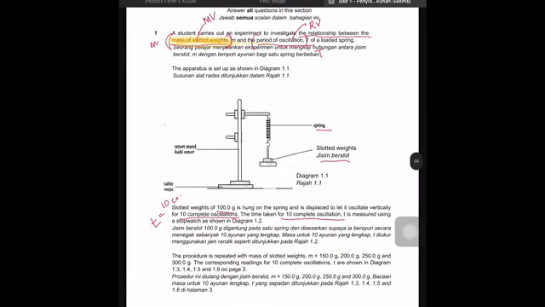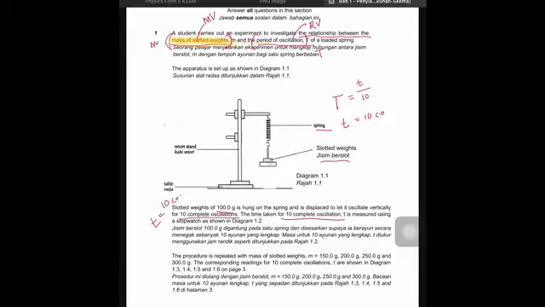So what is T and what is t? Your T is the time taken for 10 complete oscillations. Your period t will be the time taken for the 10 complete oscillations divided by 10.